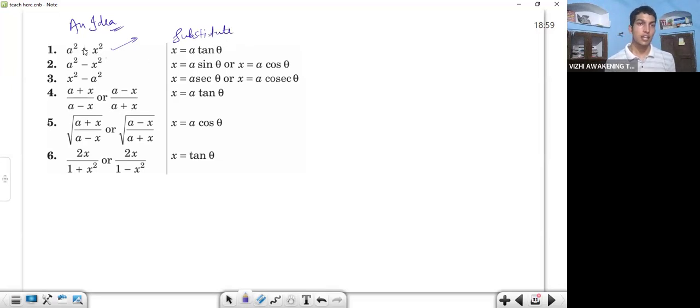Like if you see this a square plus x square form anywhere while solving inverse trigonometric functions, then directly substitute and let x equal a tan theta. Later, when you simplify that form, you substitute back in place of theta.